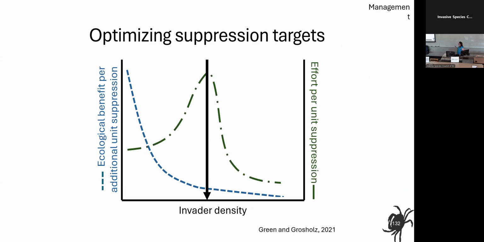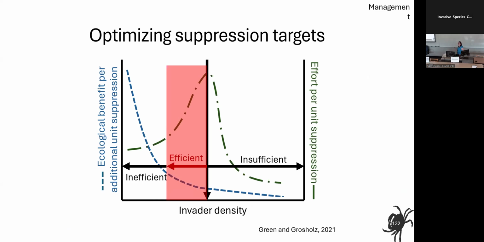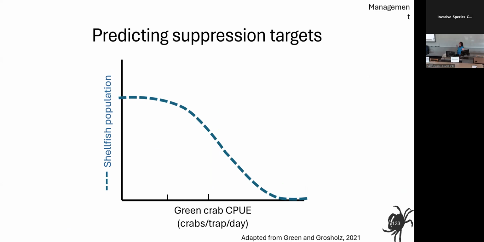So we have this sweet spot right in the middle, where you have an efficient allocation of resources within this red zone, and either inefficient or insufficient effort being given. If we apply this to the green crab relationship with shellfish, again, it's a non-linear relationship that you're seeing.